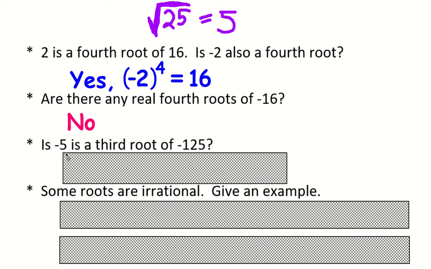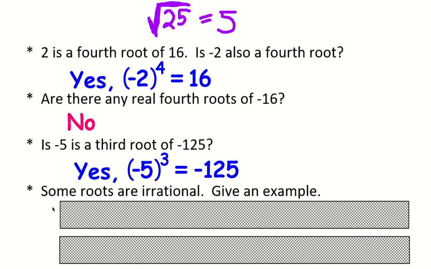Is negative 5 a 3rd root of negative 125? That answer is yes, because think about it. In other words, you can have a 3rd root of something negative, but you cannot have a 4th root of something negative and have it still be real. Why?